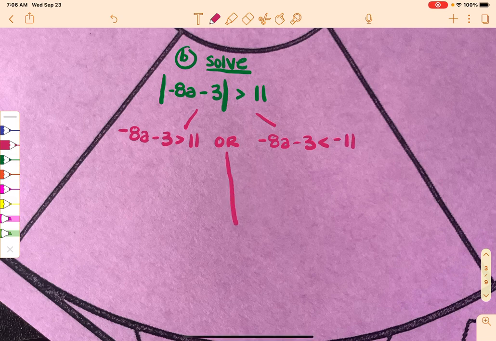And now we need to do a little solving. So if I want to get a by itself, I'm going to have to get rid of this and then eventually this. So let's start first by getting rid of the 3. So I'm going to add 3 to both sides. Negative 8a is less than 14.